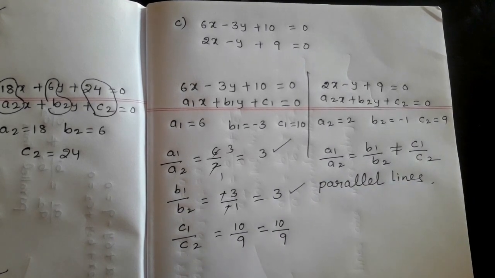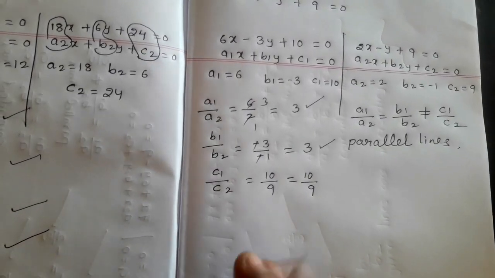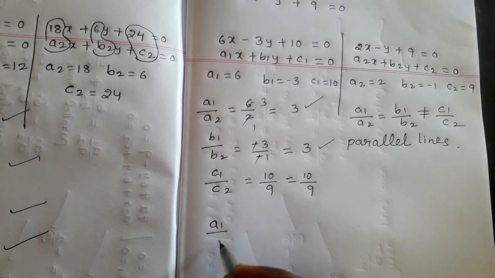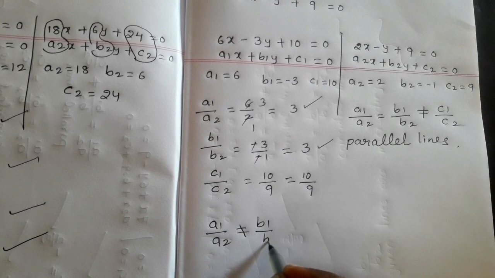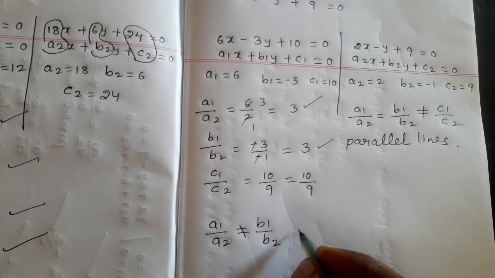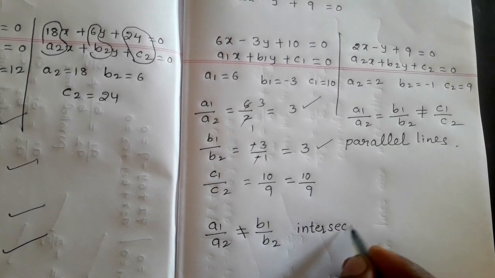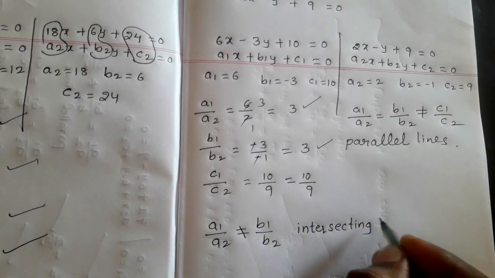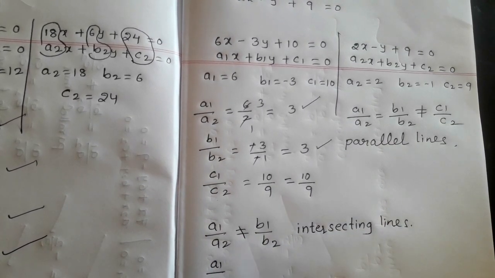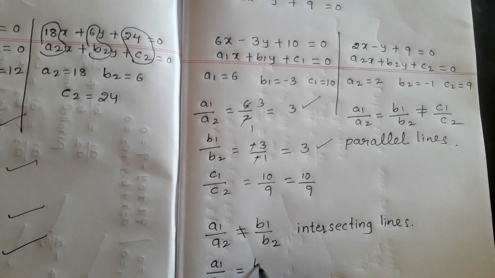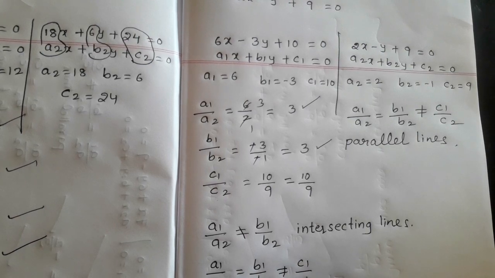Okay. So first condition, if a1 by a2 is not equal to b1 by b2, if these two ratios are different, we will say that the given lines are intersecting lines. Okay. Second condition, a1 by a2 is equal to b1 by b2 but not equal to c1 by c2.